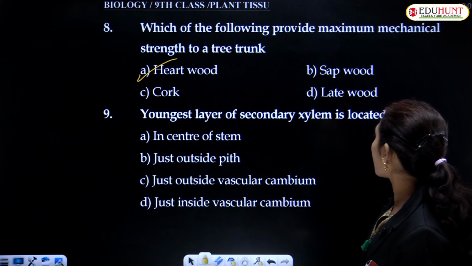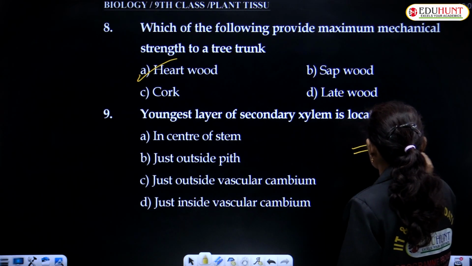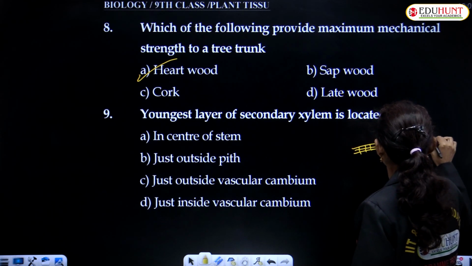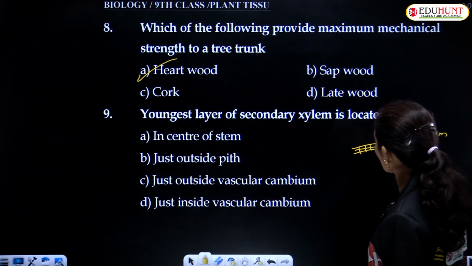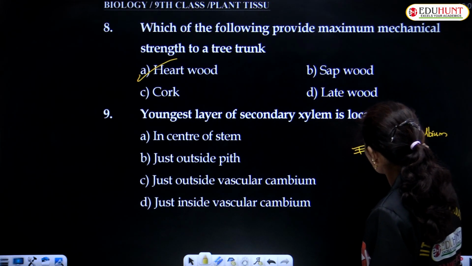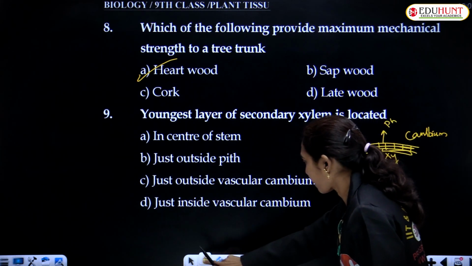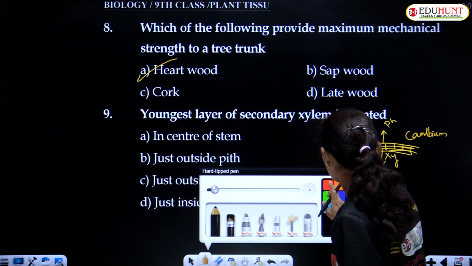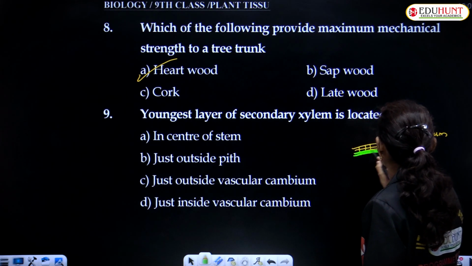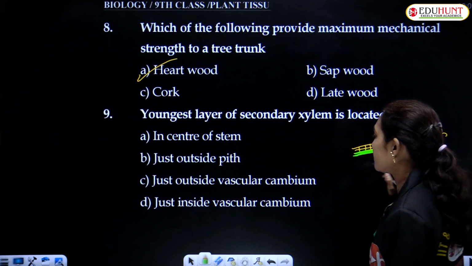Youngest layer of secondary xylem is located where? For example, this is the cambium. This gives rise to phloem outside and xylem inside. Youngest means the tissue that is exactly adjacent to the dividing tissue, that is the xylem.